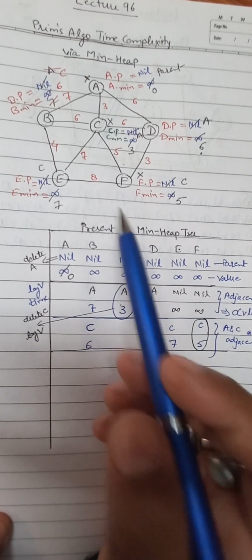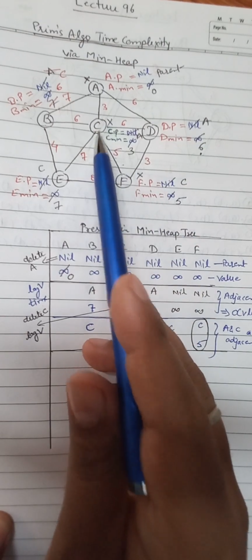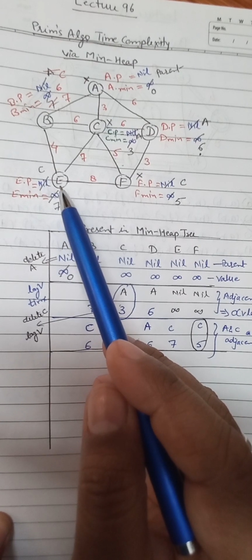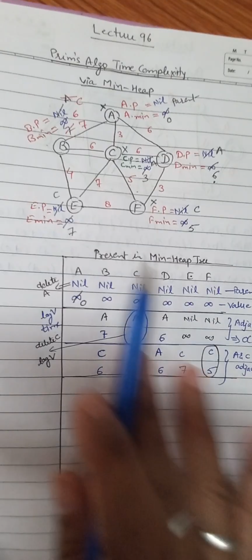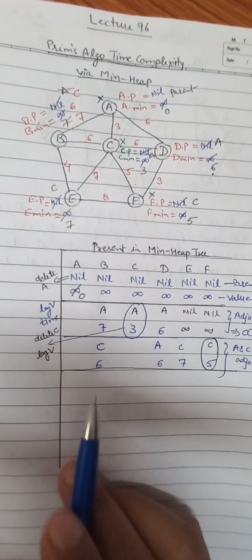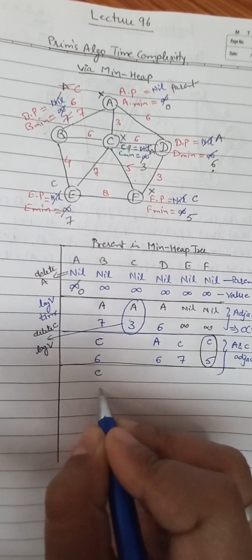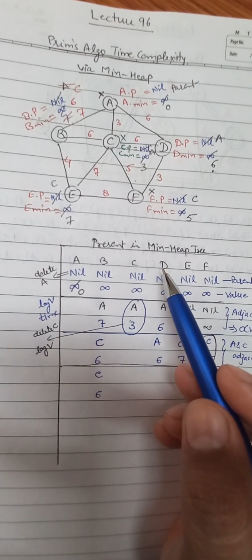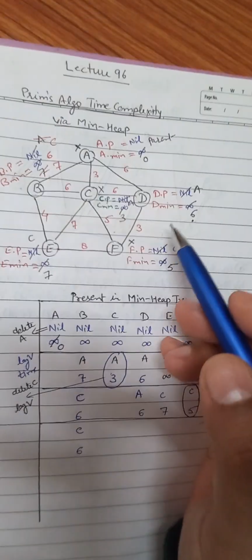Because for the adjacent nodes of this, D, C is deleted, so no need to worry, and E. So only these two values we need to see, right? And A is also deleted, C is also deleted, so do not worry, and B is not adjacent to that, so we can't change anything. So B will remain the same, C 6, and we are deleting F.